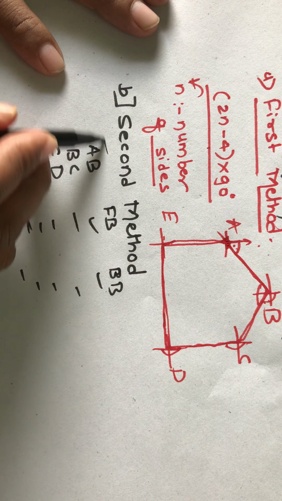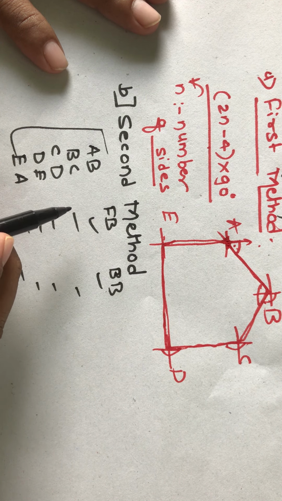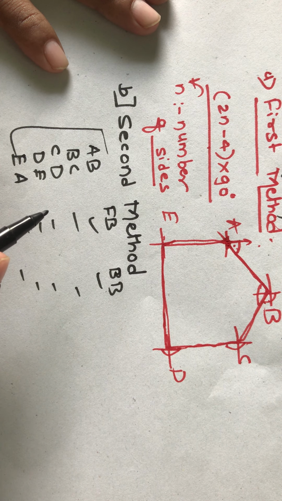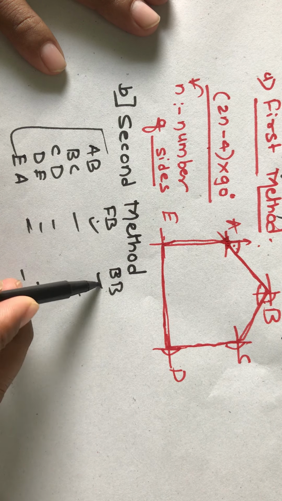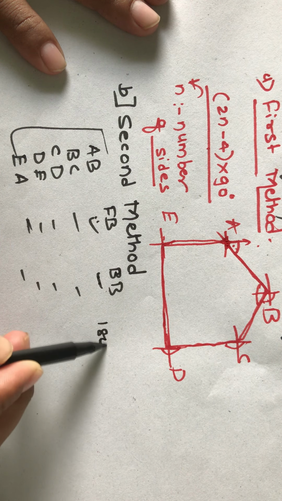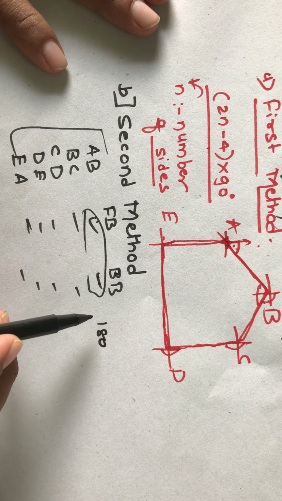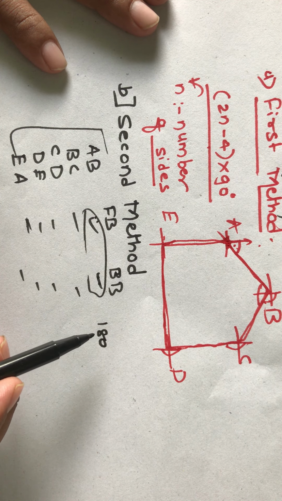So we have a table. From this given table, the unaffected line is first detected. How do we detect unaffected lines? The difference between fore bearing and back bearing must be 180 degrees. Where we have the exact difference, that is the unaffected line.